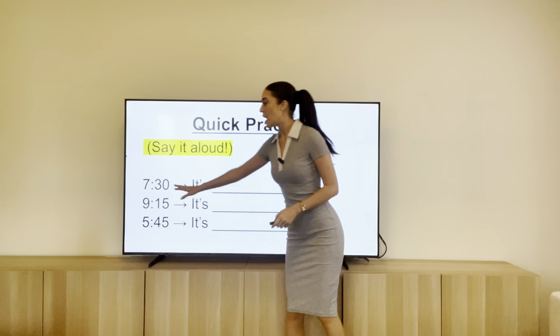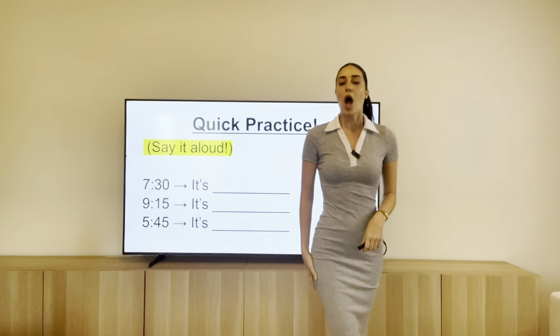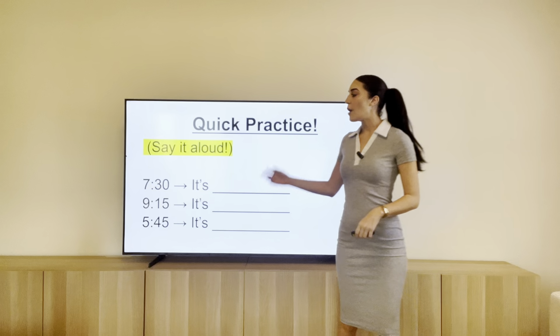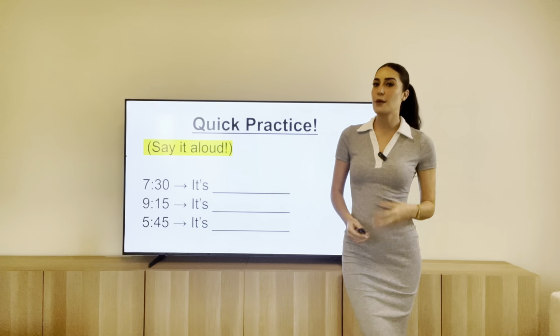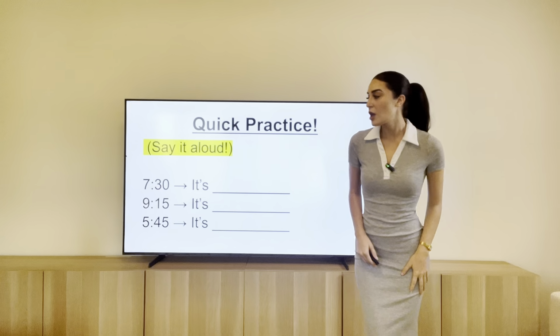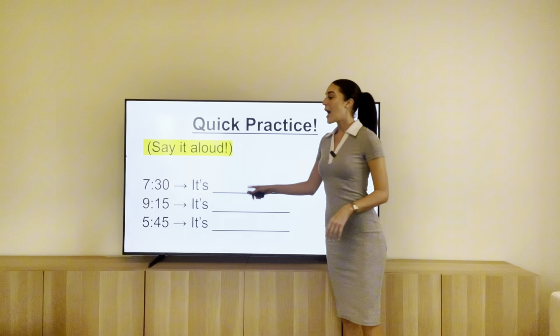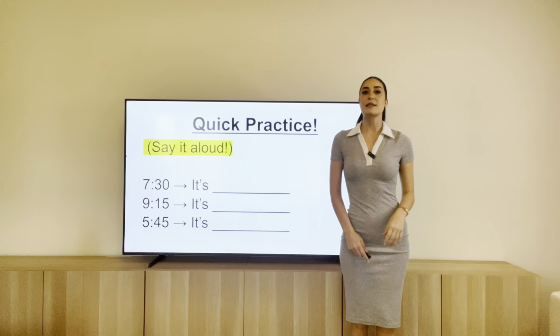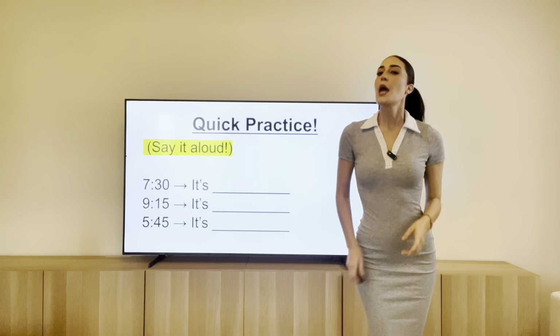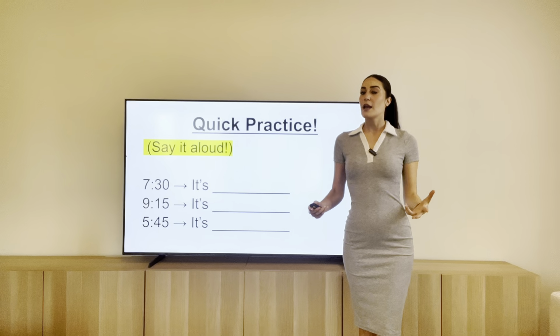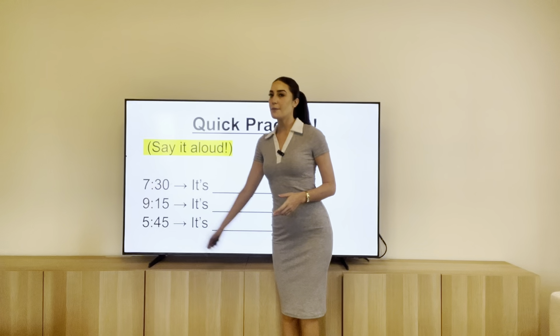Now, I've written down some times here. I want you to write down how else you could say it to sound more like a native English speaker. So if I look at my watch and it says 7:30, I could say, it's 7:30. But can you think of another way that we could say this time?